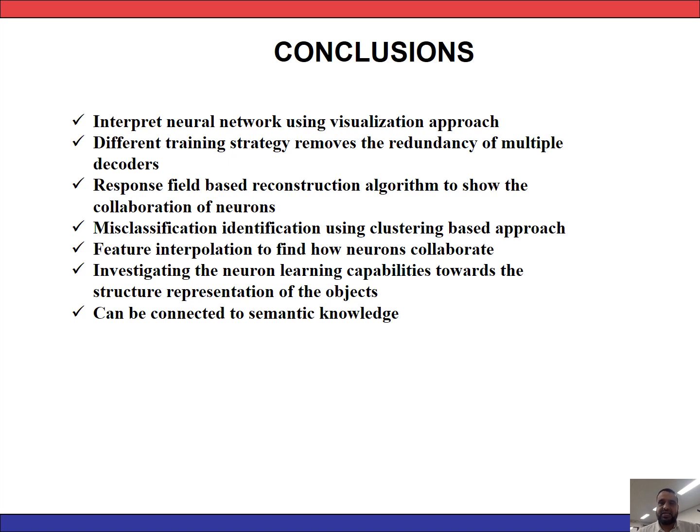So this can be connected to semantic knowledge. Similarly, this approach can also be used in online learning by correcting the classification accuracy. So there are many directions which we can go through by using this approach. This was all about the interpretation of neural network.